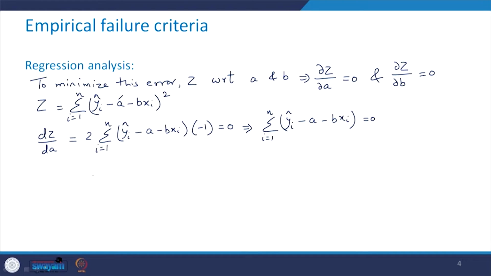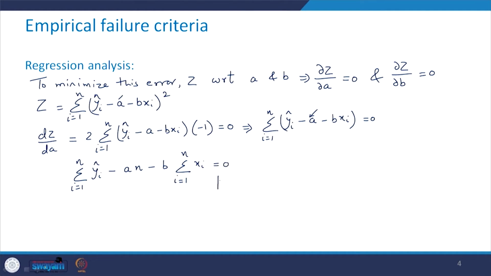What you are going to get is summation i equal to 1 to n yi cap minus, see this a is not going to vary with respect to i, so I can take that outside this summation sign. So this is going to be a, but then it will be summed up over n times, so its summation is going to be n. Then similarly you will have b summation i equal to 1 to n xi, which is equal to 0.